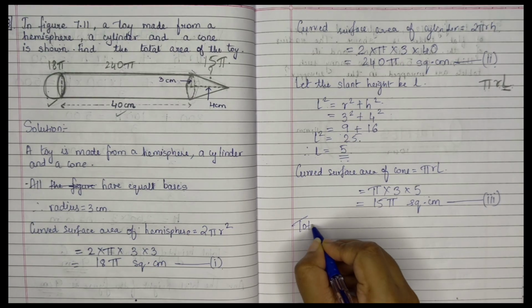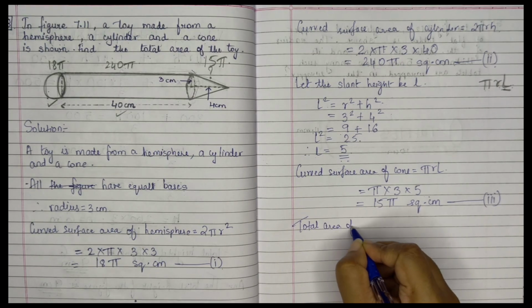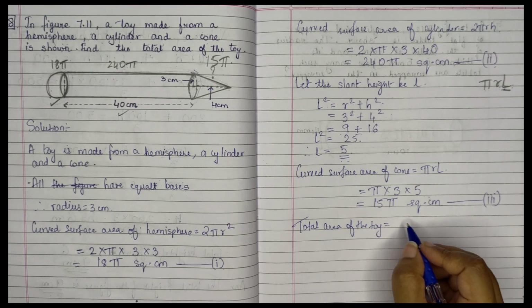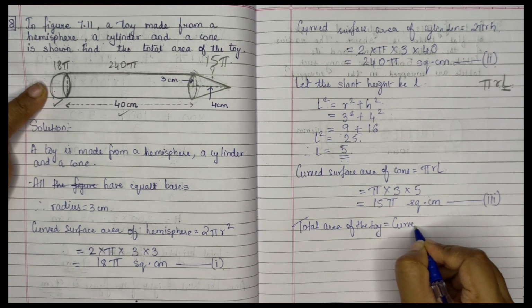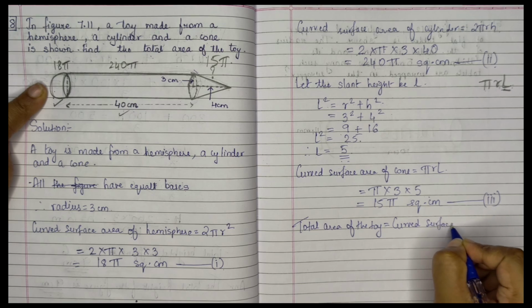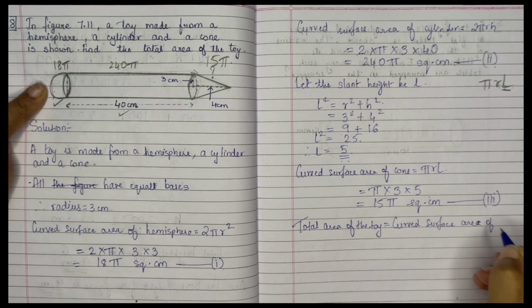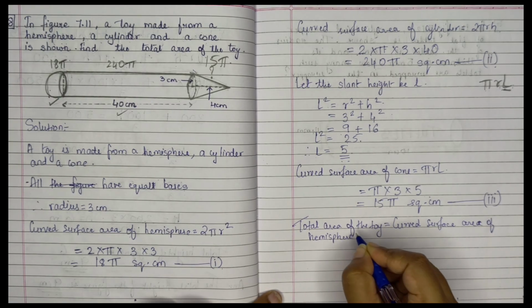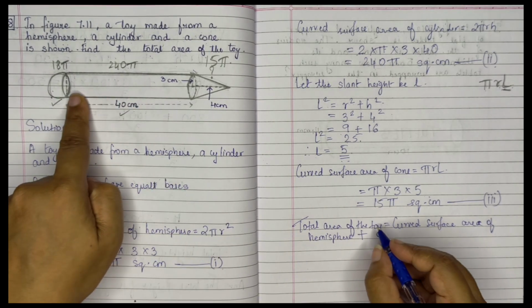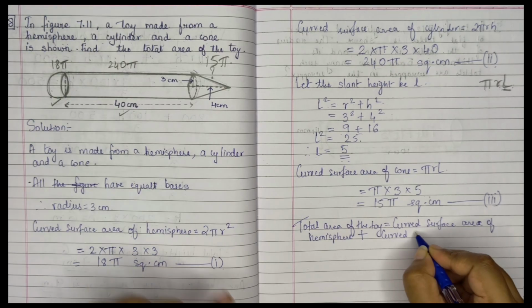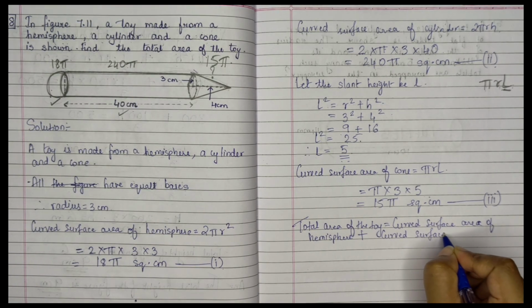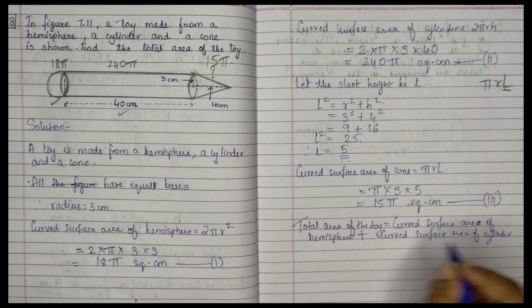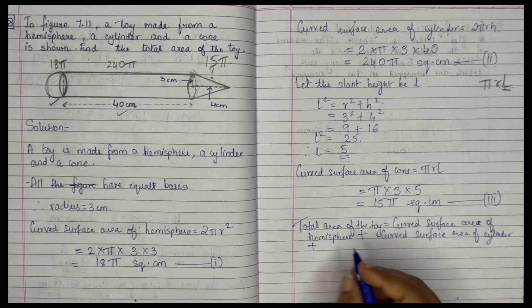So total area of the toy is equal to curved surface area of hemisphere plus curved surface area of cylinder plus curved surface area of cone.